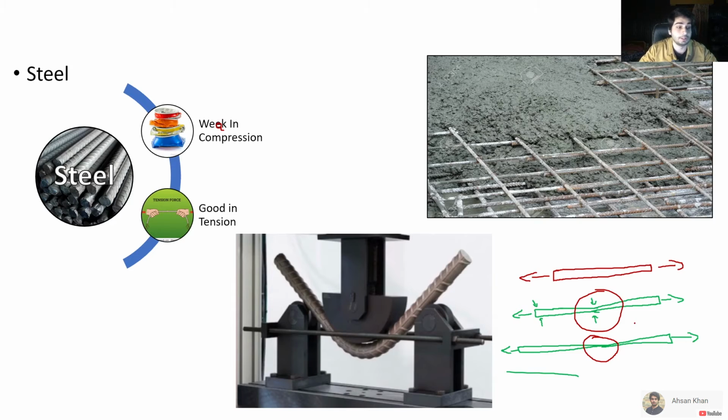We need to repair them. But imagine if there were no cracks and the structures would fail suddenly without giving you any cracks, then what would happen? That would be more dangerous. So it's good that we can see the cracks, and before the structures fail, we can repair those structures or those different components of our structures.